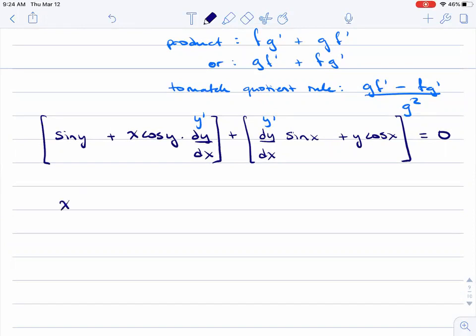I'll collect my dy dx's on the left-hand side and everything else on the right-hand side, so just kind of moving things over. X cos y dy dx plus dy dx sine x equals negative y cos x minus sine y.